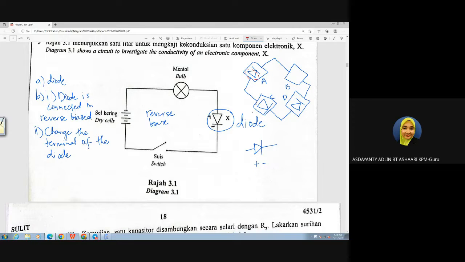Sini pun triangle juga. Okay. Boleh nampak ya? So B and C parallel, A and D parallel. Number 1. Ini ialah C1.